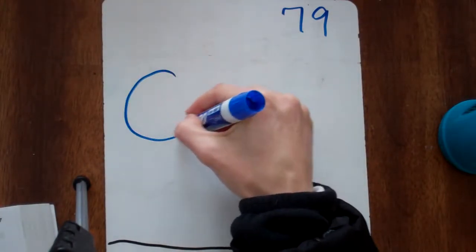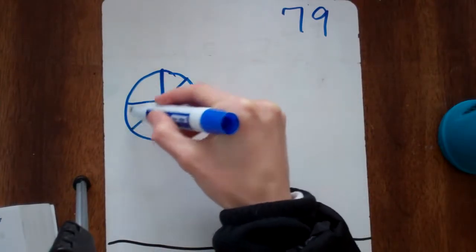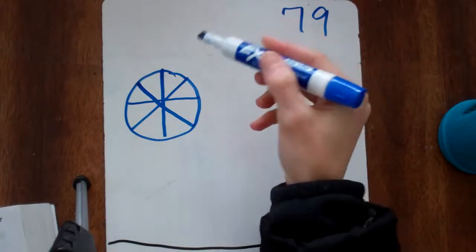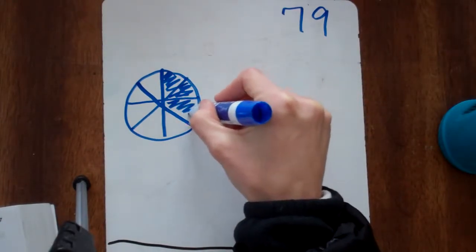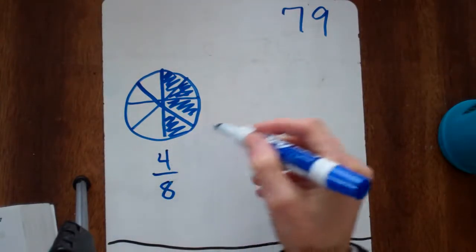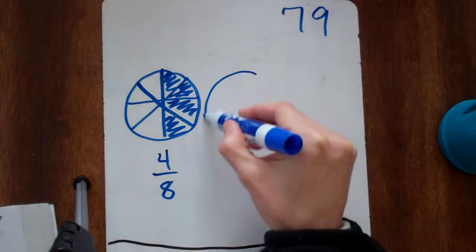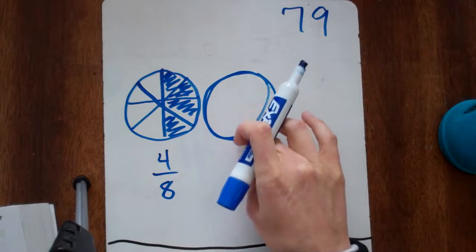Okay, if I cut a pizza into 8 slices, I can color in 4 of those, and that makes 4 out of 8. But it also makes, whoops, my circle's not done very well. There we go.